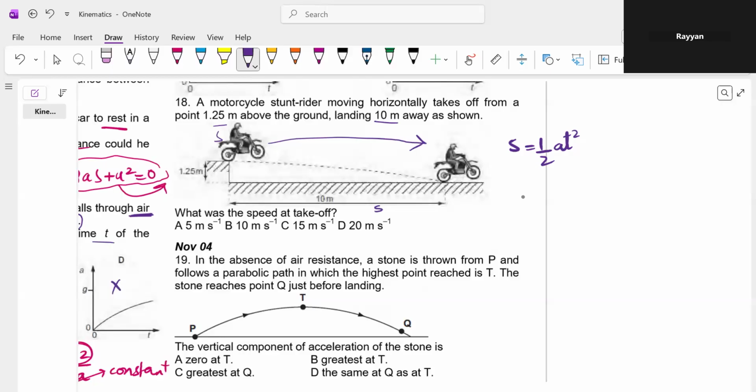Yes, exactly. This is 1.25 equals half into 9.8 into t square. Now solve it and tell me what you get for time.